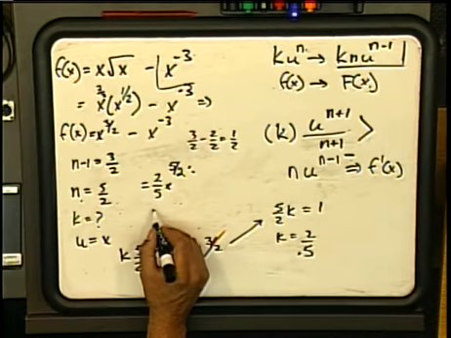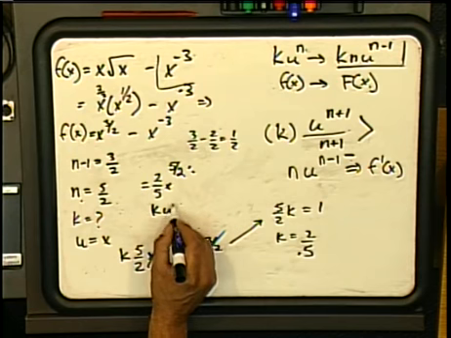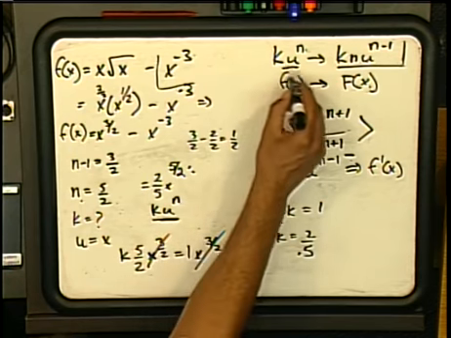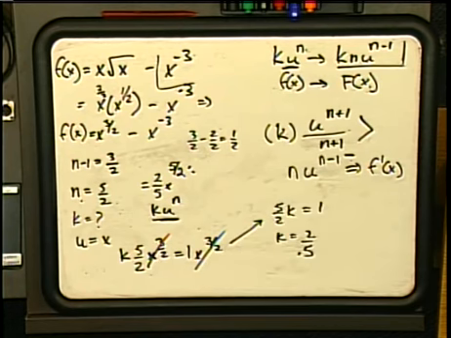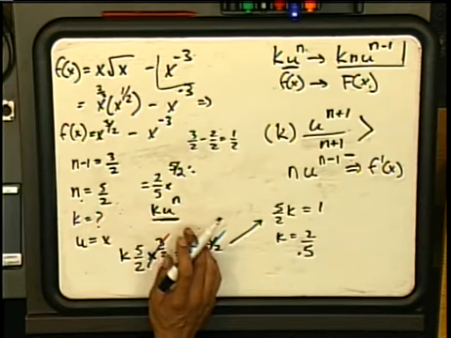I'm sorry. Okay, never mind. Go ahead. You wanted it to look like this, ku to the n. I thought you wanted it to look like this, the other one. Yeah.